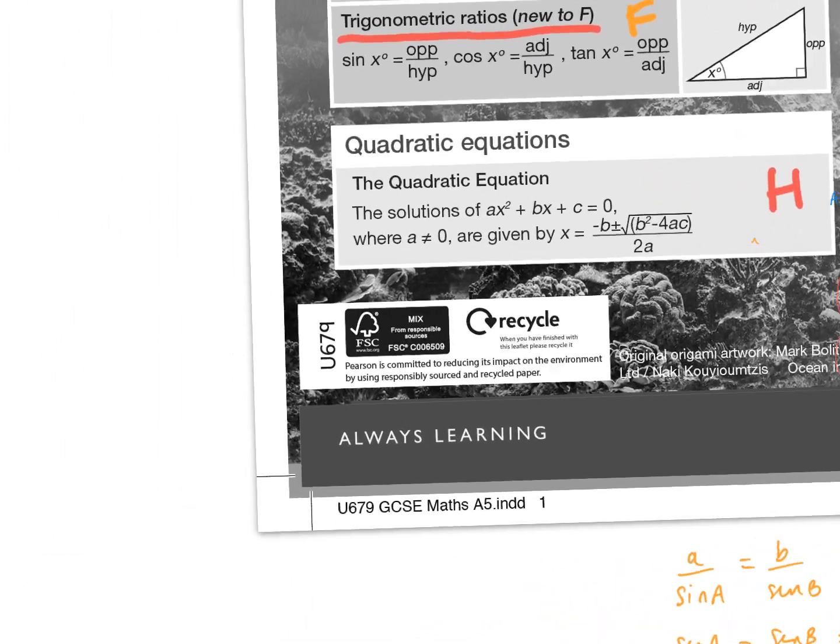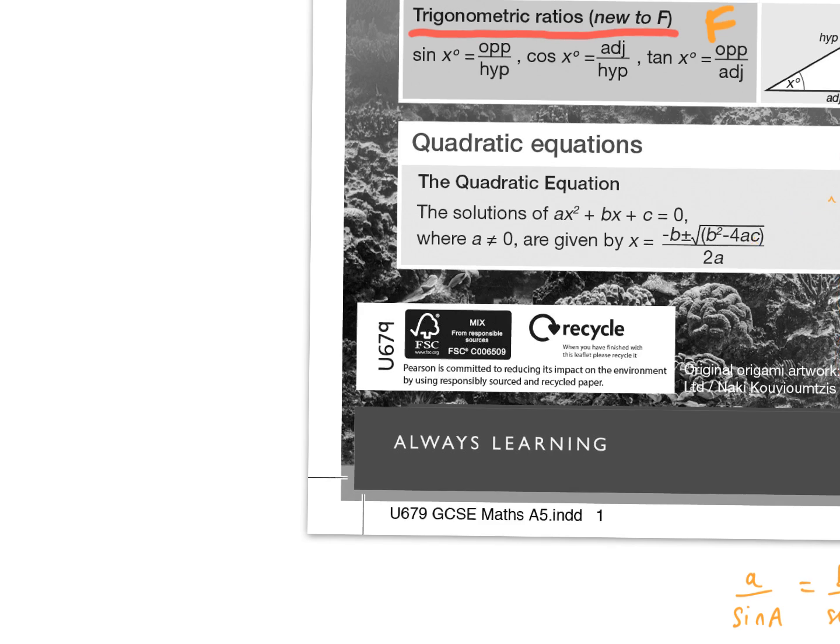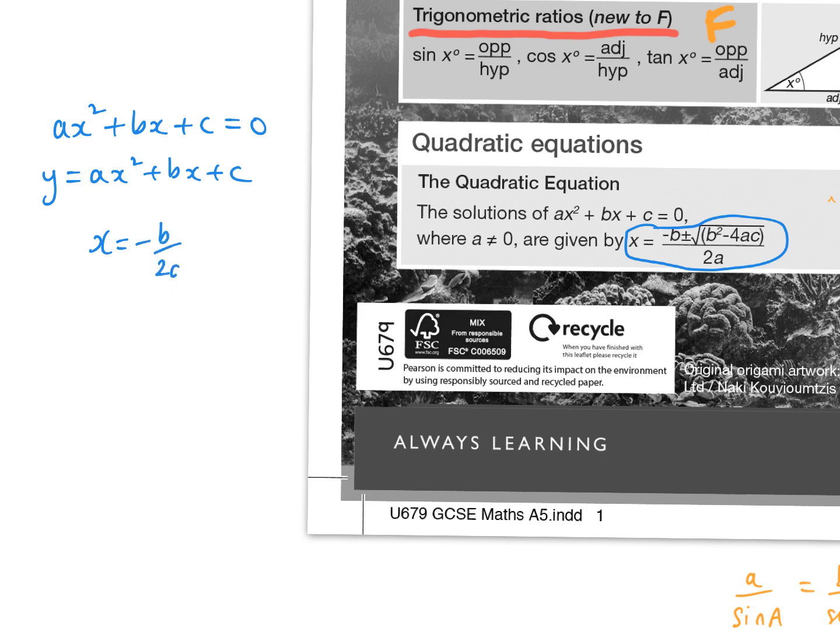Now for this one, I would personally write this in a slightly different way, because if we have ax squared plus bx plus c equals 0, then if we wanted to look at this as a function, say y equals ax squared plus bx plus c, then this quadratic would have a line of symmetry, and for those that know what the line of symmetry is, well, it's x equals minus b over 2a.